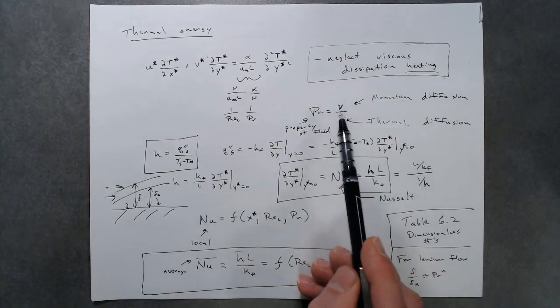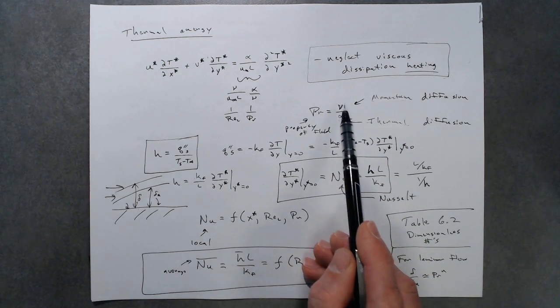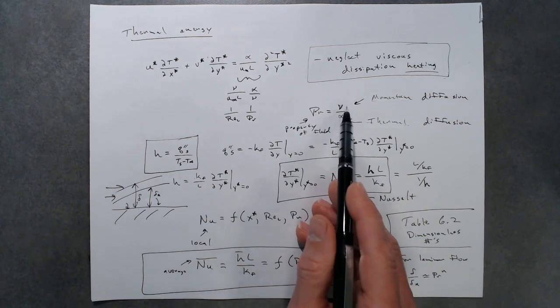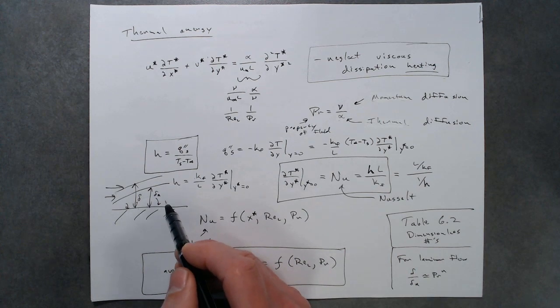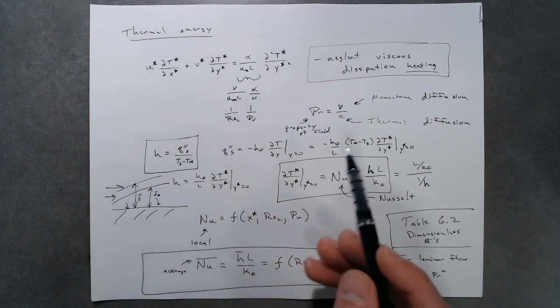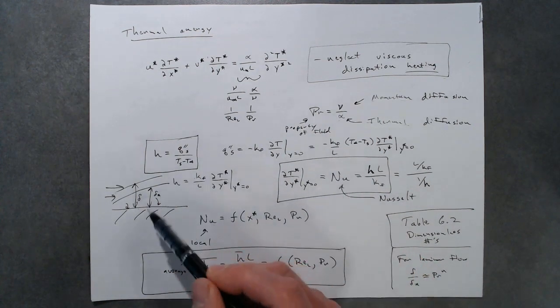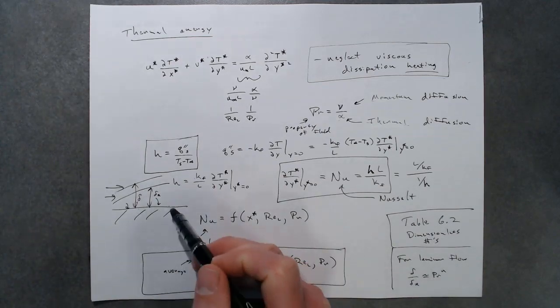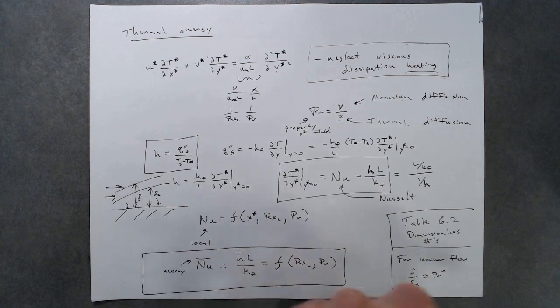And this makes sense given that we consider both of these to be diffusivities. Nu is telling us how fast momentum is diffusing to the surface, whereas thermal diffusivity is telling us how fast thermal energy, or temperature, is diffusing toward the surface. Really, thermal energy is diffusing toward the surface.